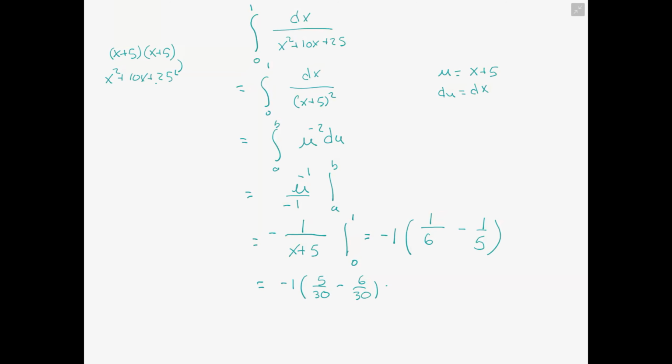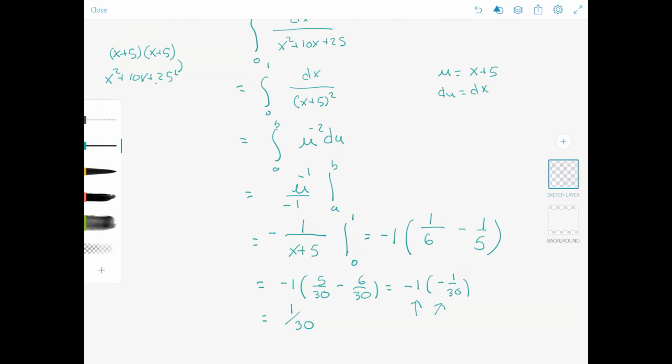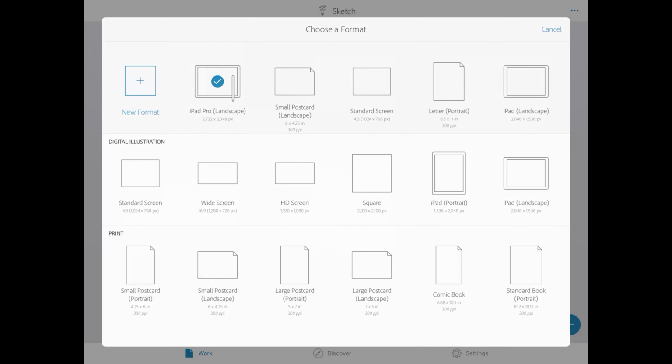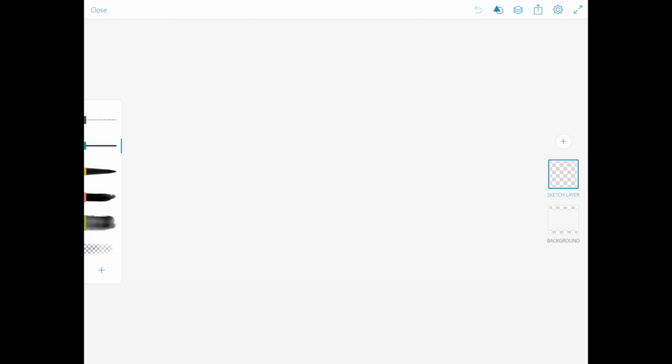If we get common denominators, we have minus 1 times 5 thirtieths minus 6 thirtieths, which is equal to minus 1 times minus 1/30th, and that gives us a positive 1/30th. Again, you've got to pay attention to how you are evaluating.